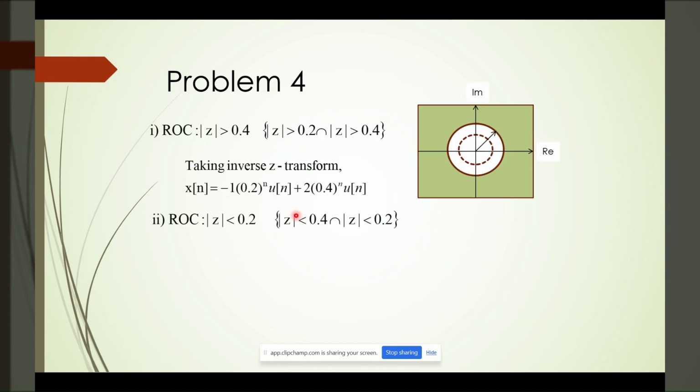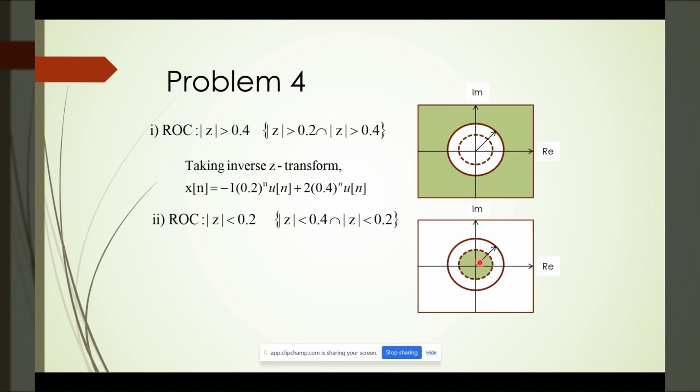For the next case, |z| less than 0.2, how will the region of convergence be? It is left hand sided, so the region of convergence will be inside the circle of radius 0.2. For a left hand side sequence, we have to replace the a power n u of n with minus a power n u of minus n minus 1.